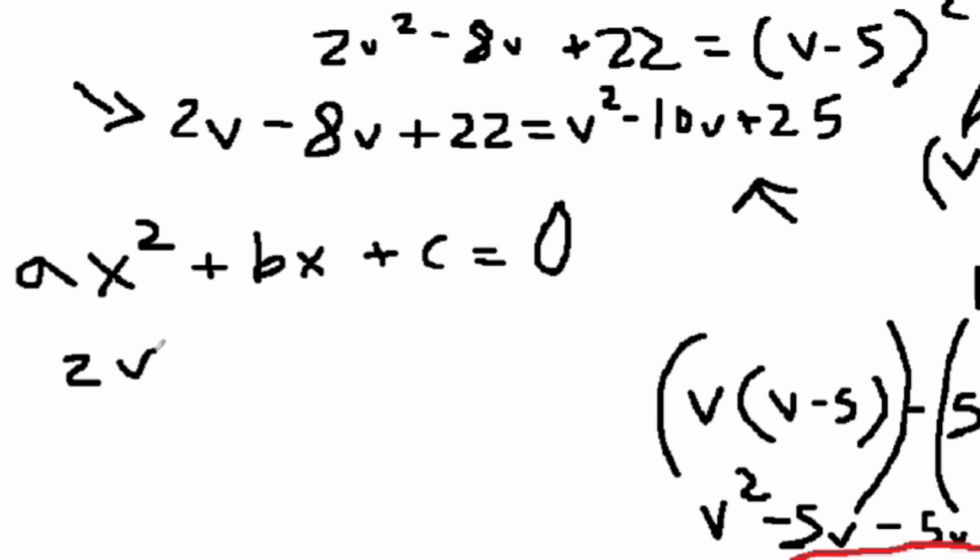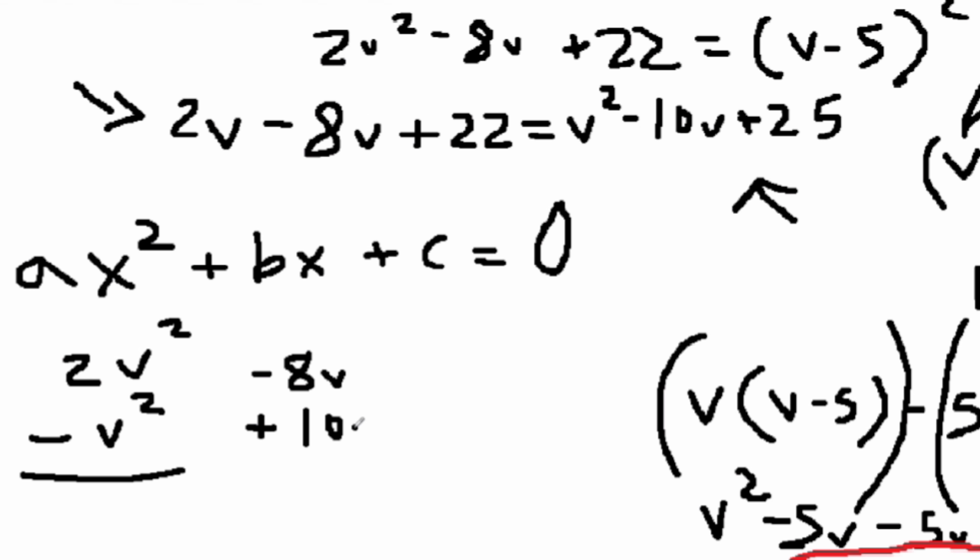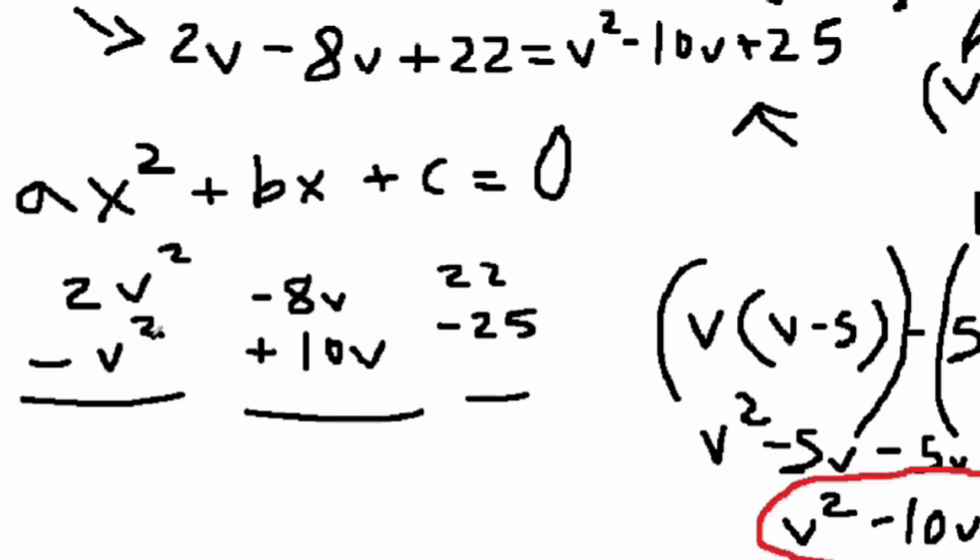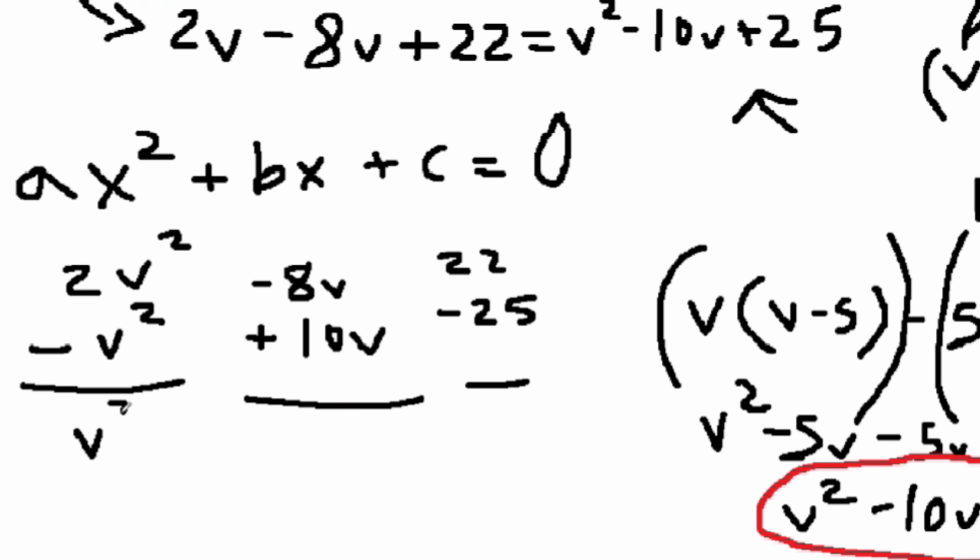So 2v squared minus v squared, minus 8v plus 10v, because this is a minus and you're minusing that. So plus 10v, and 22 minus 25. Okay, so 2v squared minus v squared is equal to v squared.